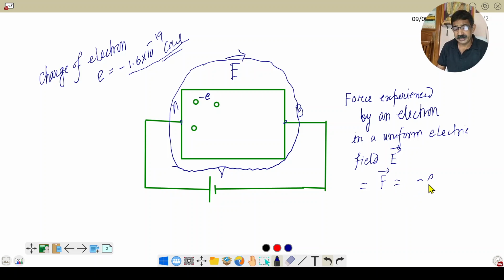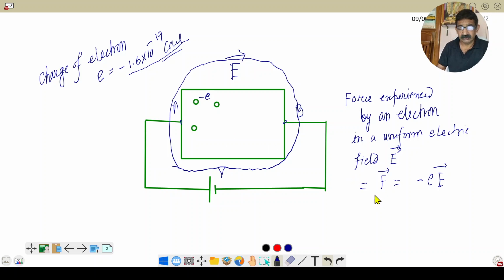F is equal to minus e into E. Actually, if the charged particle is positive, then it will experience a force along the direction of the field. Then the direction of field and the direction of force experienced by the charged particle will be the same. But in case of electron, the direction of the force experienced by the electron and the field will be different.